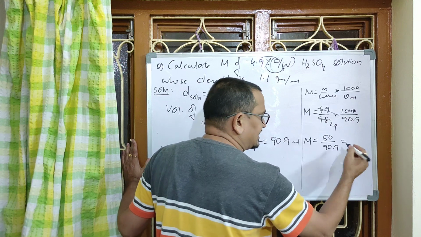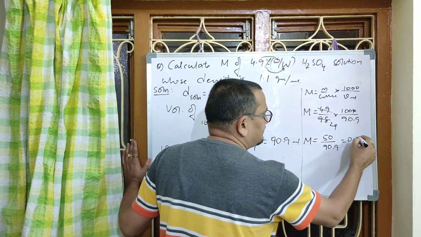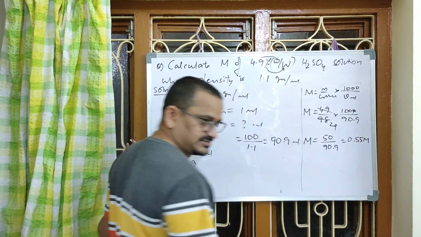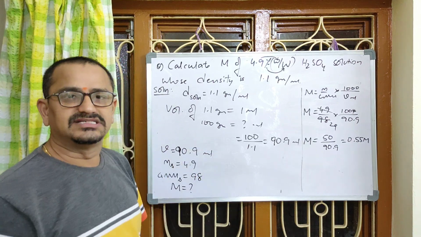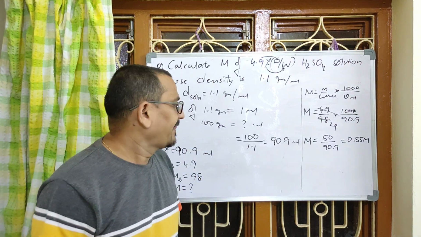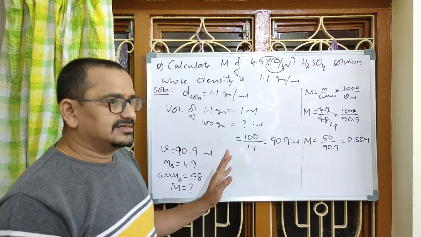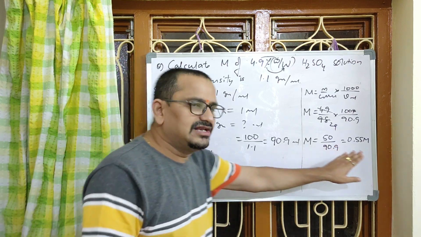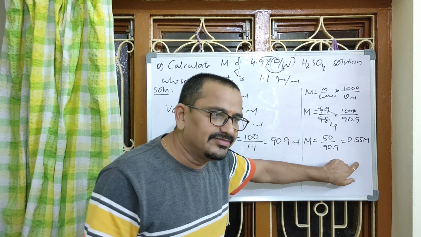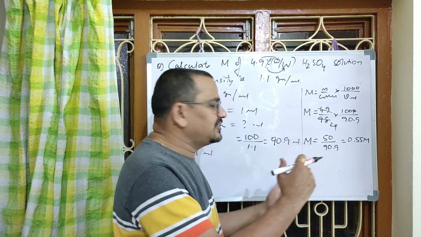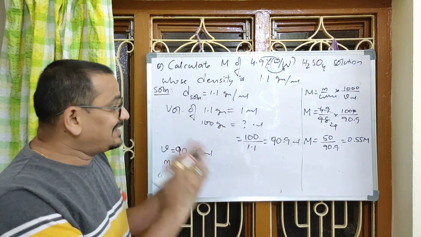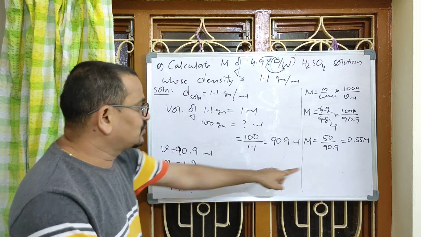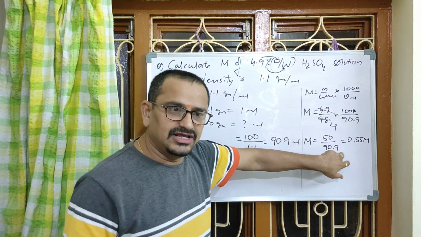You can calculate this one, 0.55 molar, on simplification. Now, what's the value? Have you calculated? Is it the same? So, you immediately have to find the value. Now, the same question, find the value parallelly.